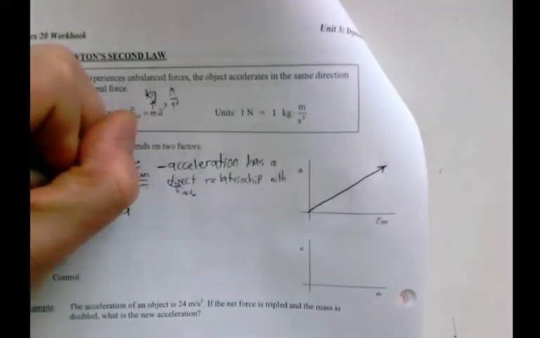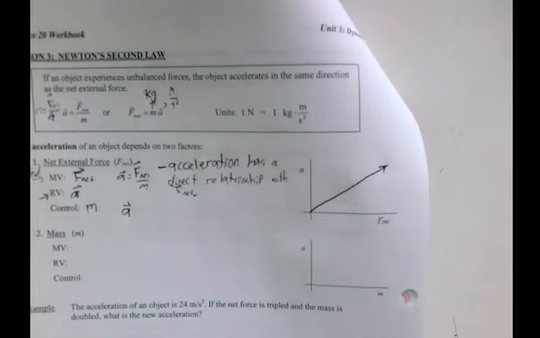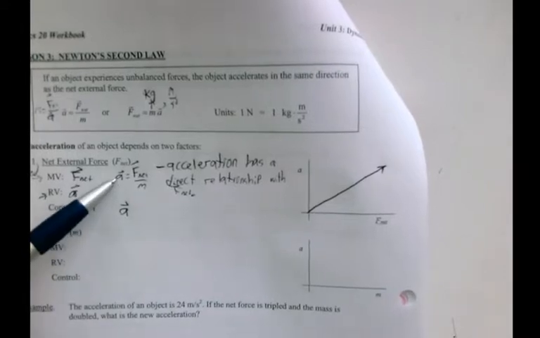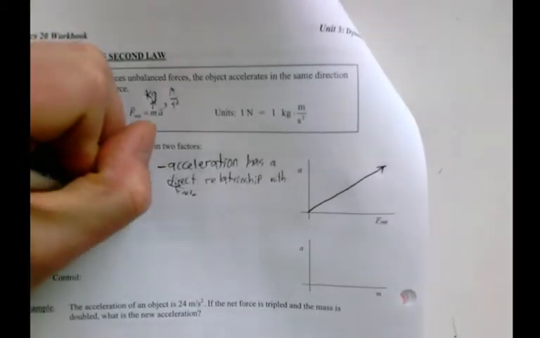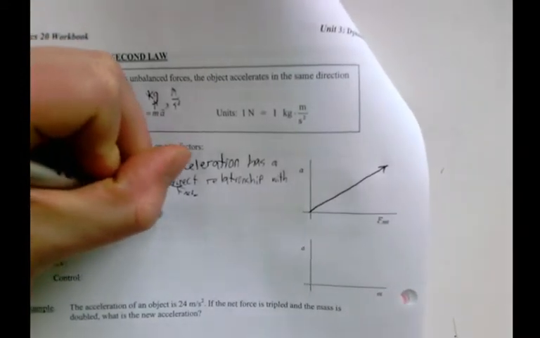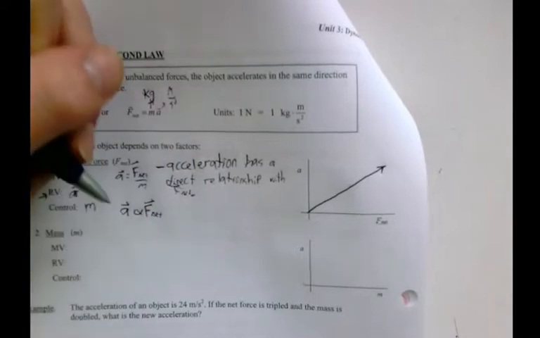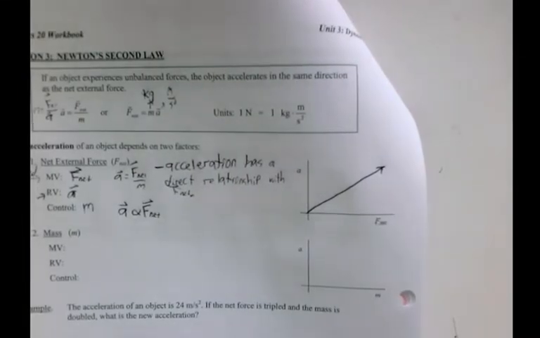And just reviewing that, we have a proportionality symbol. So since acceleration is directly proportional to the net force, we're going to state its proportionality using this little fish symbol, lowercase alpha. It's proportional to the net force.